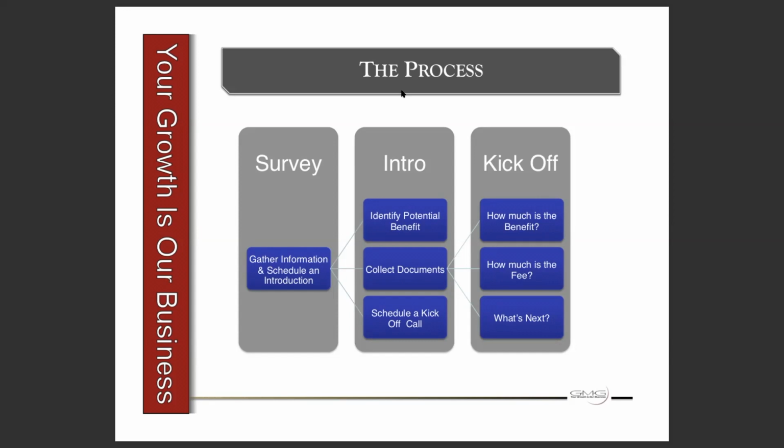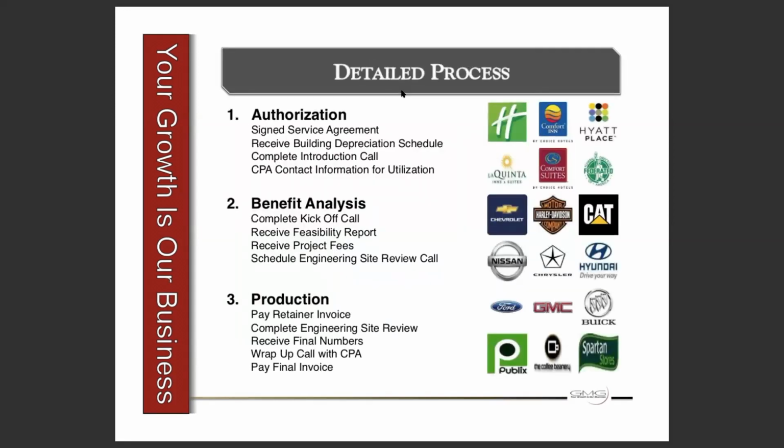I know that one of the questions that we got was, what should a fee look like? They're all over the board. The way that we do our fees, our agreements, our contracts say that our fees are not going to exceed 10% of the benefit.